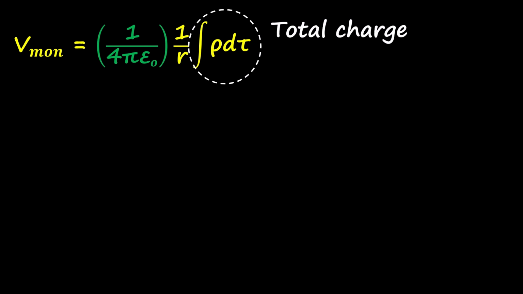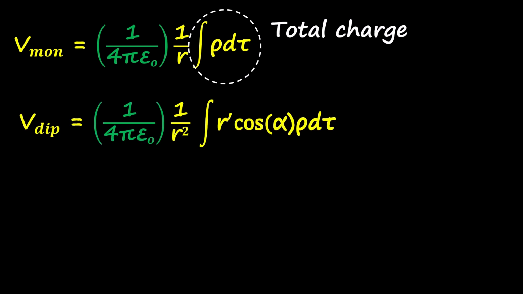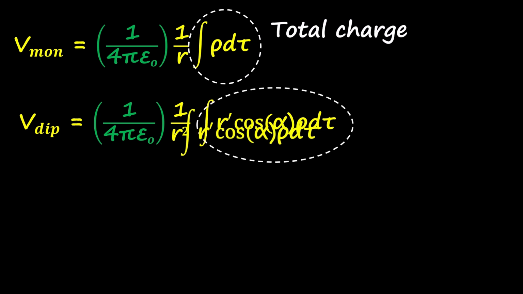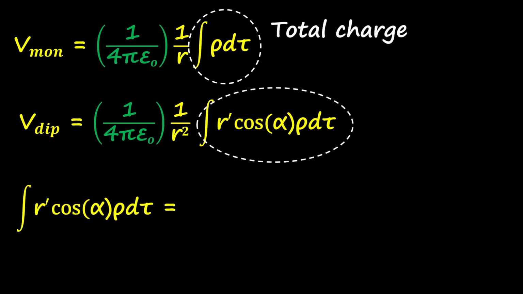Let us look at the dipole term. This is the expression of the dipole term. So here also it consists of a constant term into 1 by r square and an integral. Now this integral can be expressed as a dot product of r cap and another integral.